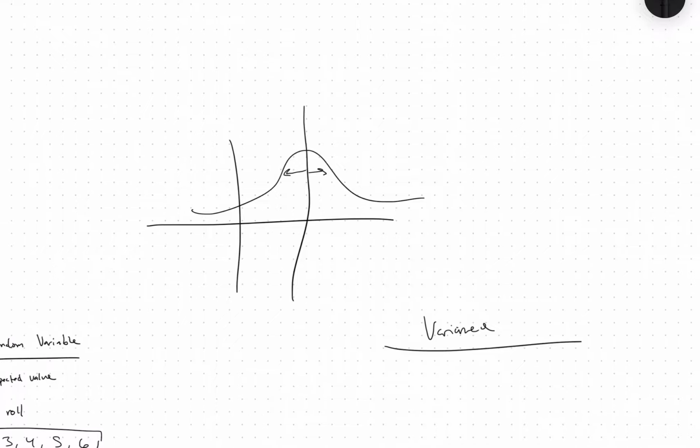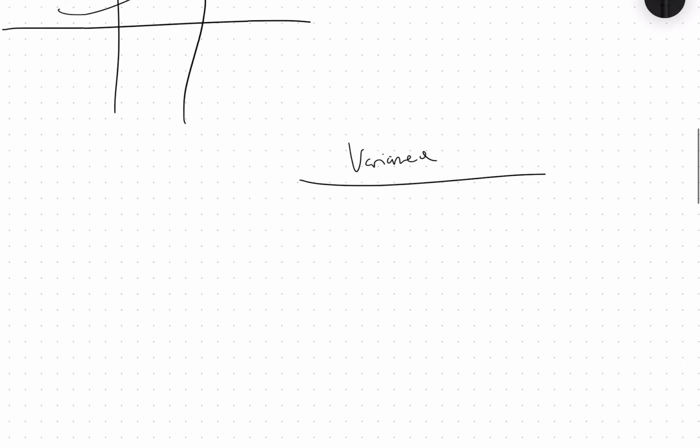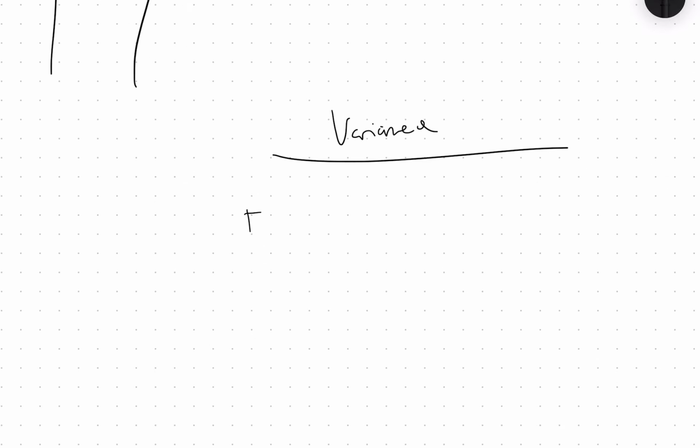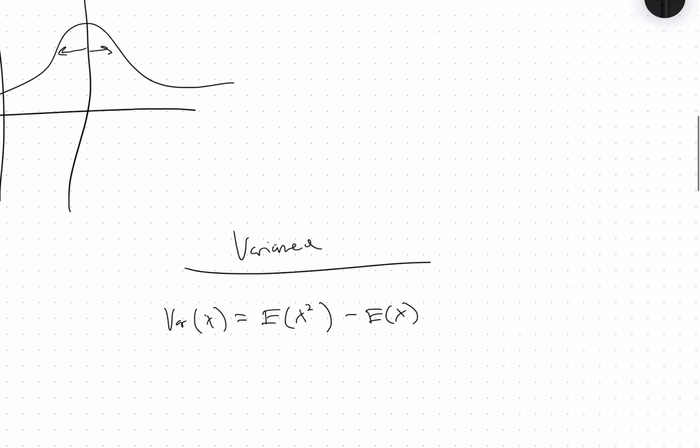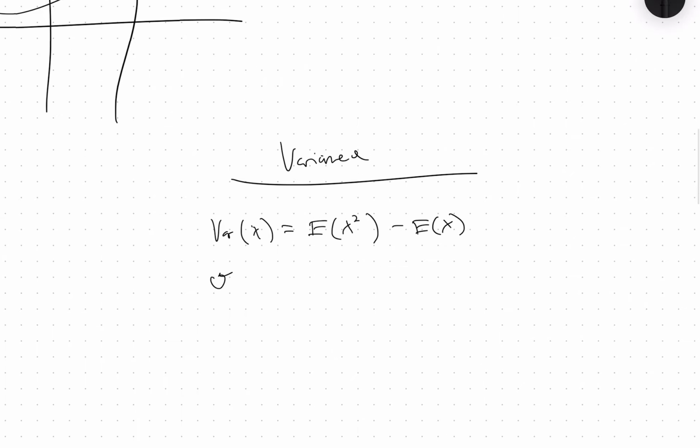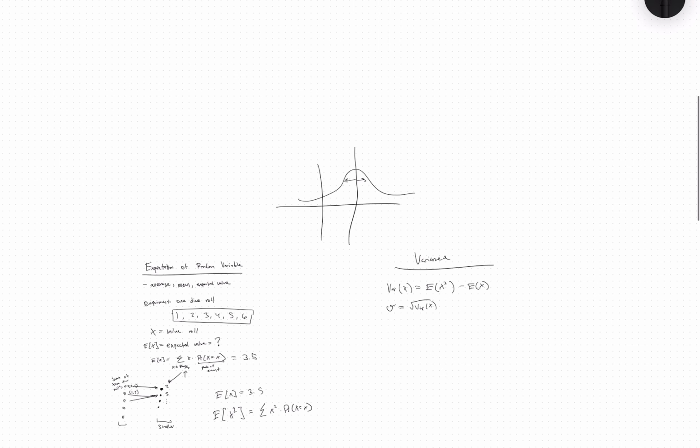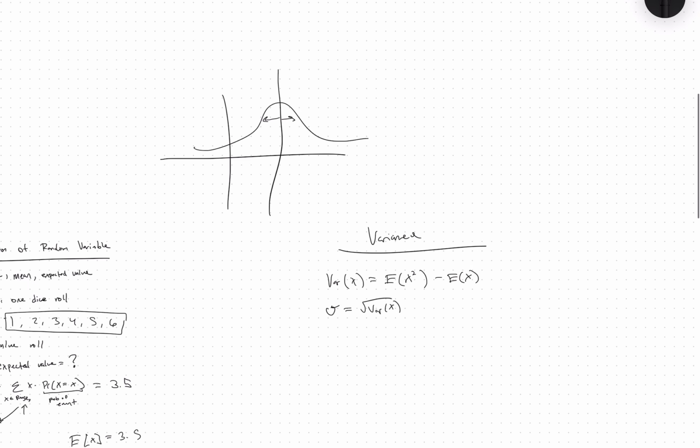That's really a picture that is good to keep in your mind. The way to calculate variance is using the expectation. So you have to know how to calculate the expectation, then you can get the variance. And then there's a thing called standard deviation, which equals the square root of the variance, just because the units of variance are weird, and so people like standard deviation, but you don't really have to worry about that.